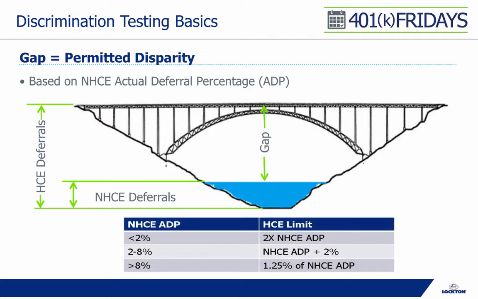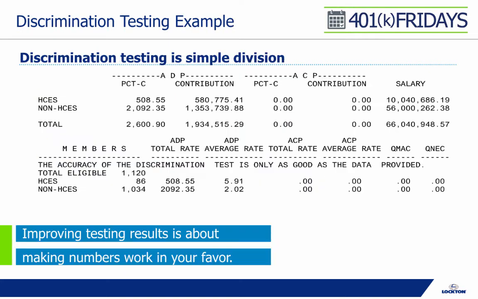So hypothetically, someone has a 4.5% non-highly compensated average deferral percentage. That, when you add 2 to it, would become 6.5%, and that's the limit for your highly compensated employees as a group. So if they contribute over 6.5%, your test is going to fail.